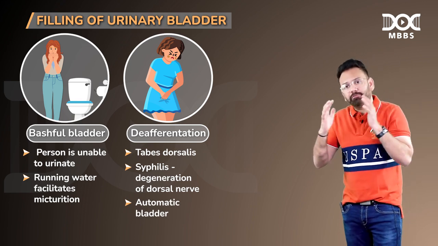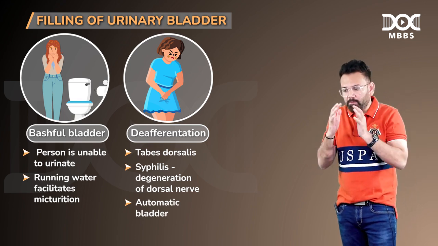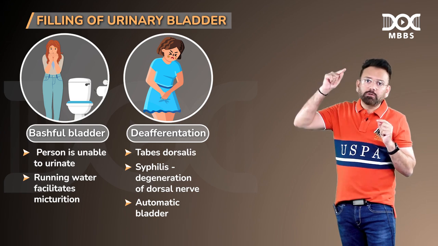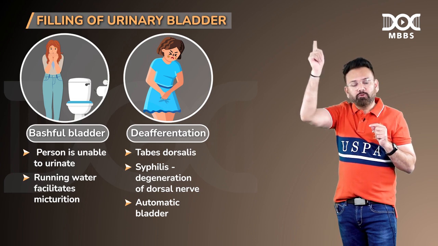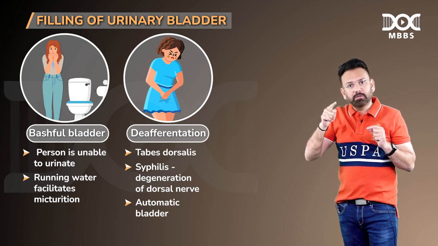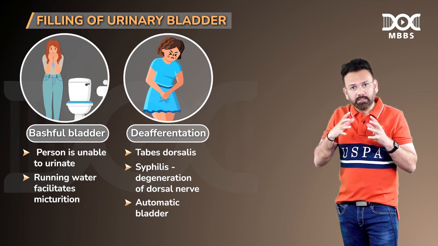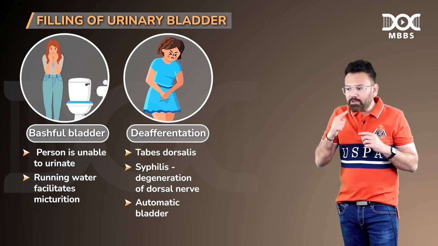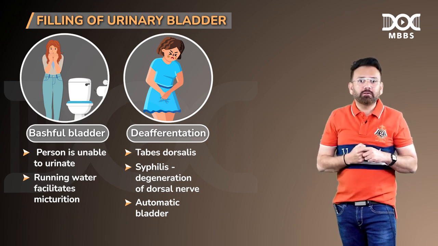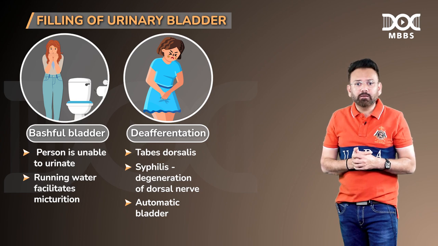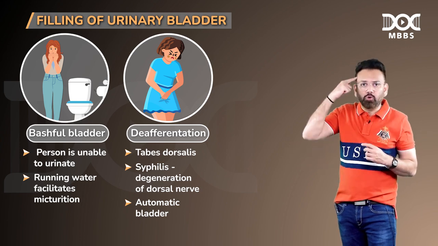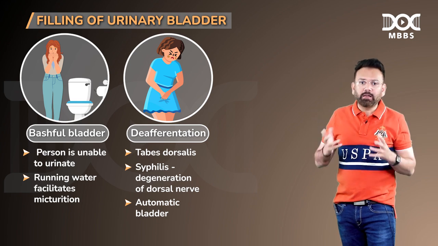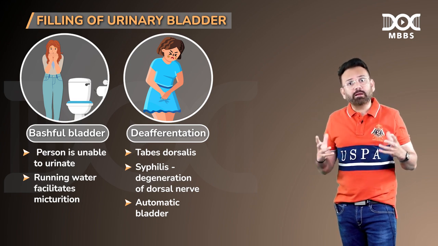Initially, do you remember, when the bladder fills, sensation goes to your sensory cortex, then motor cortex, then you will stimulate the parasympathetic, the detrusor contracts, isn't it, and the sphincter relaxes. But when sensation is not carried, how will this whole process happen? The patient is unaware of distension of the bladder. So how will sensation go, how will the cortex think, and how will this happen? No. So the bladder becomes automatic.